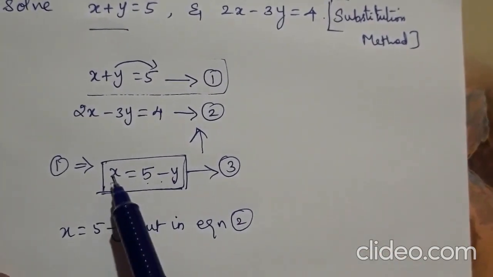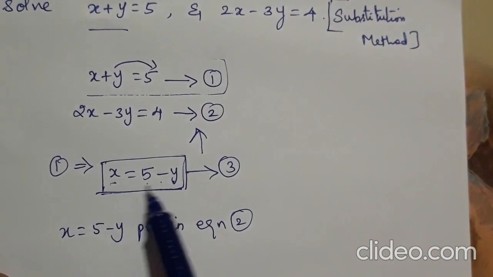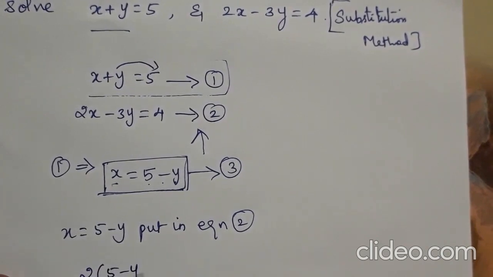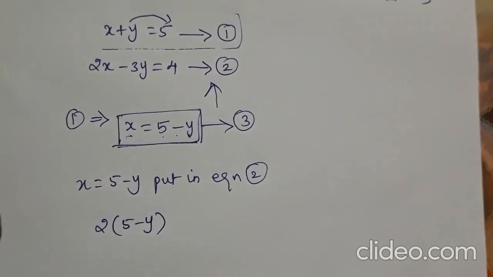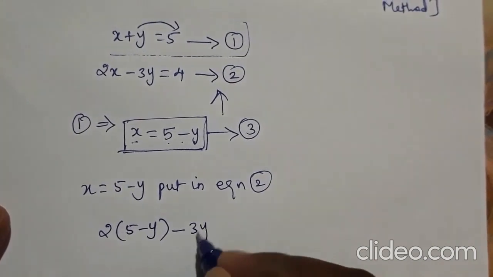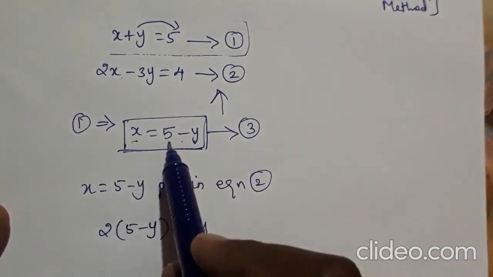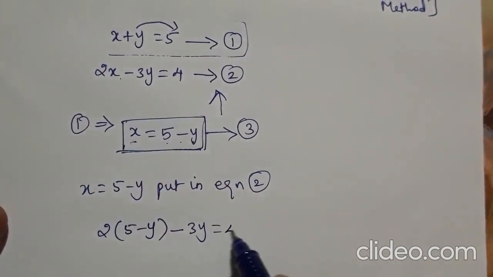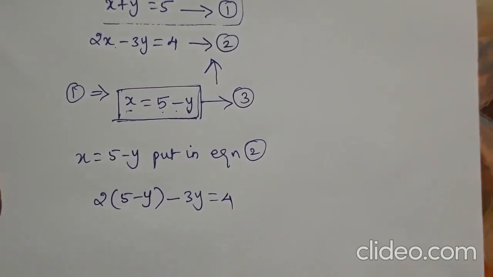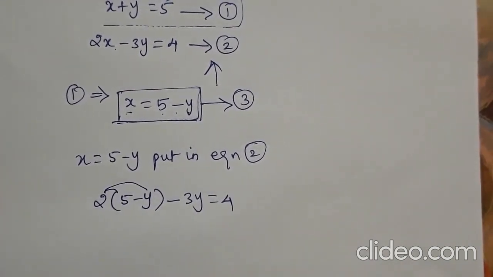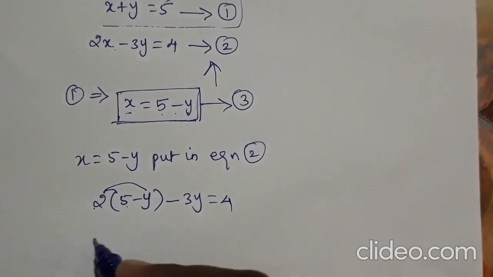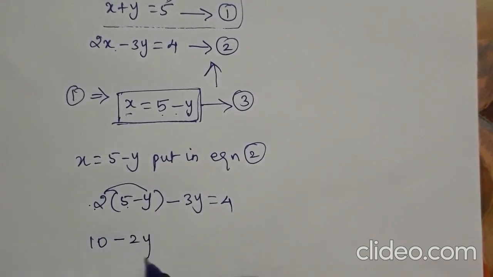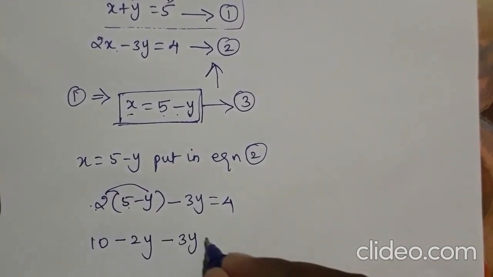So 2 instead of x, 5 minus y, minus 3y. 2 instead of x we are going to substitute 5 minus y, minus 3 into y is equal to 4. Got it? Next, just multiply. So because this is multiplication, 2 5s are 10. Again plus into minus, minus 2 into y, 2y minus 3y is equal to 4.